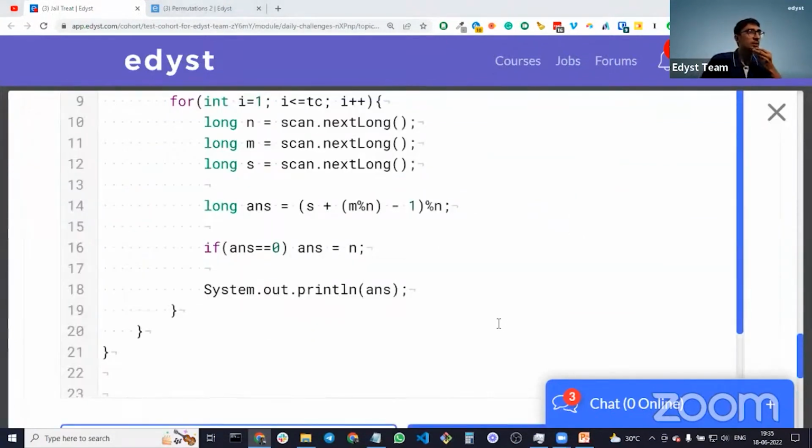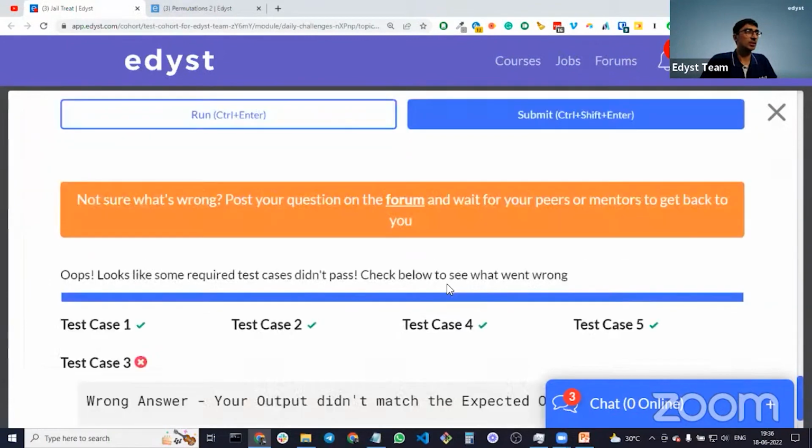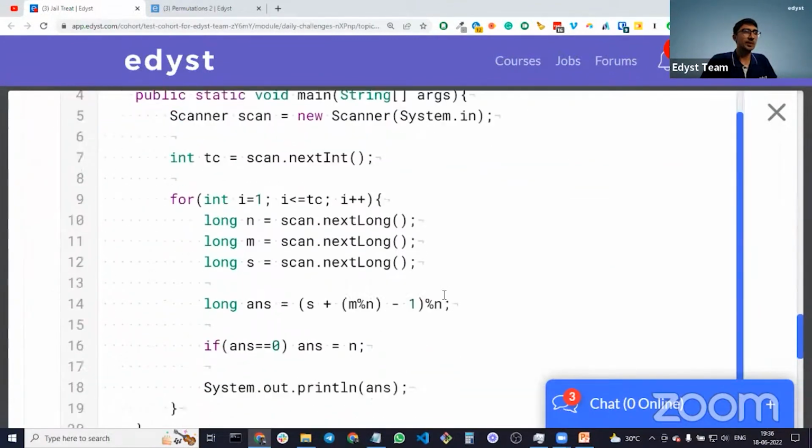Where did we make a mistake? If answer modulo n equal to 0, but that's what it is, right? It's already modulo n. Did we make a mistake somewhere? Answer equal to 0, then answer is equal to n modulo n minus 1. Is it a Java thing? A mistake somewhere?